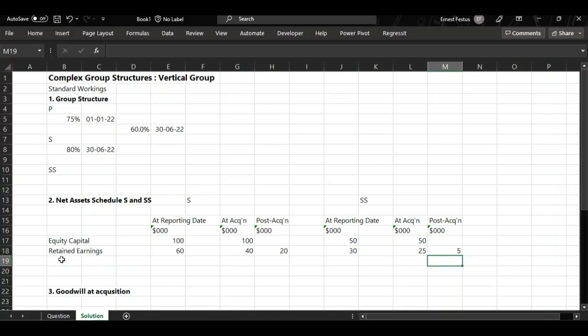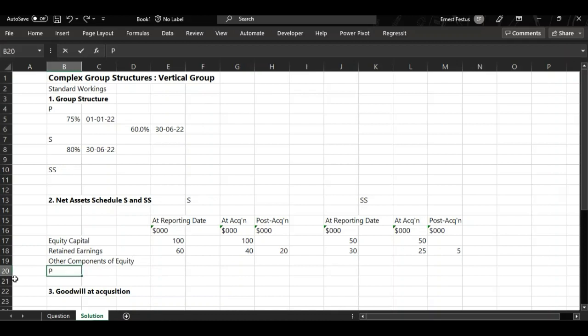Now, what again come into our net assets schedule? We have such items as other components of equity.